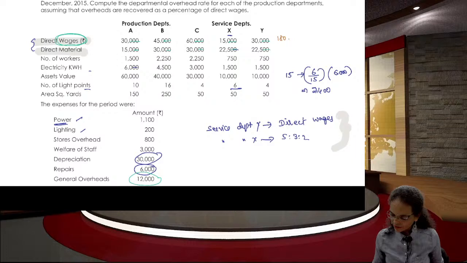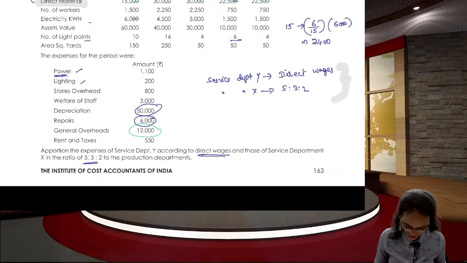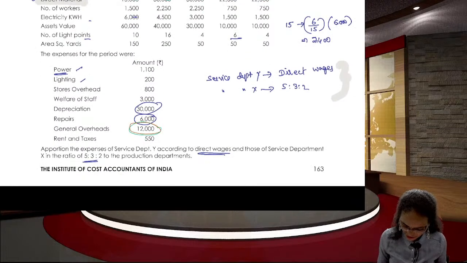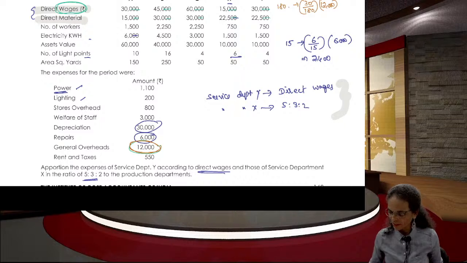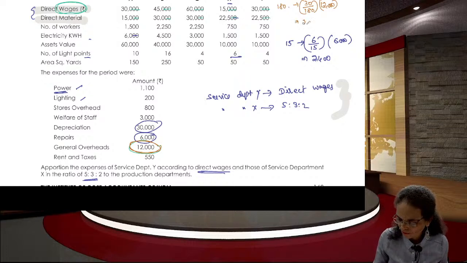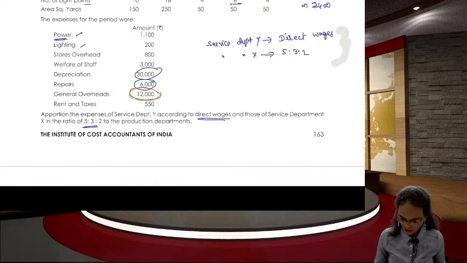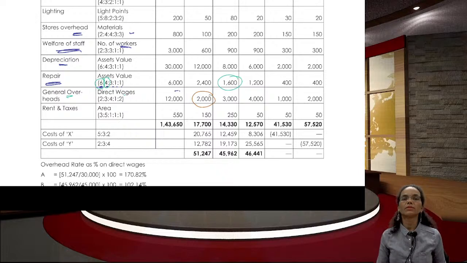How to allocate for the department A? 30 divided by 180 into the general overheads 12,000 is nothing but 2,000 rupees. So come back here. 2,000 rupees.